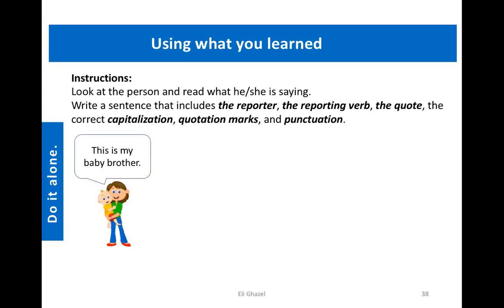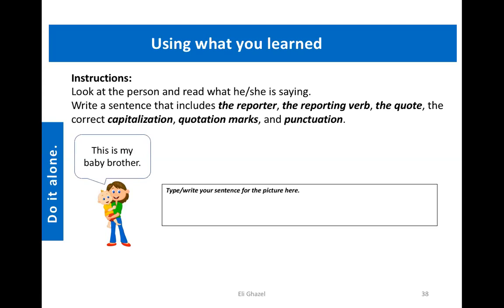We have put a picture of a young lady with maybe her son or her baby brother or baby sister. But we see from her words, she's saying, "This is my baby brother." And we want the student to write the direct quote with the reporter and the reporting verb in this box here. So this is an example. Let's see what's going to happen.